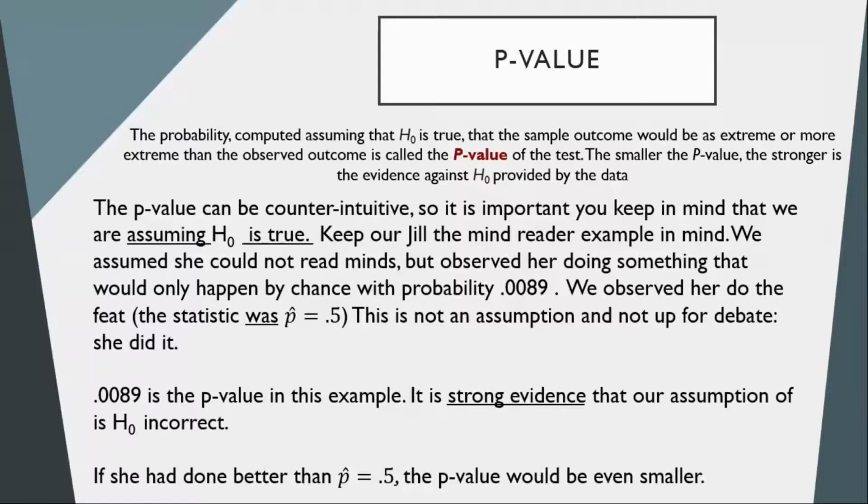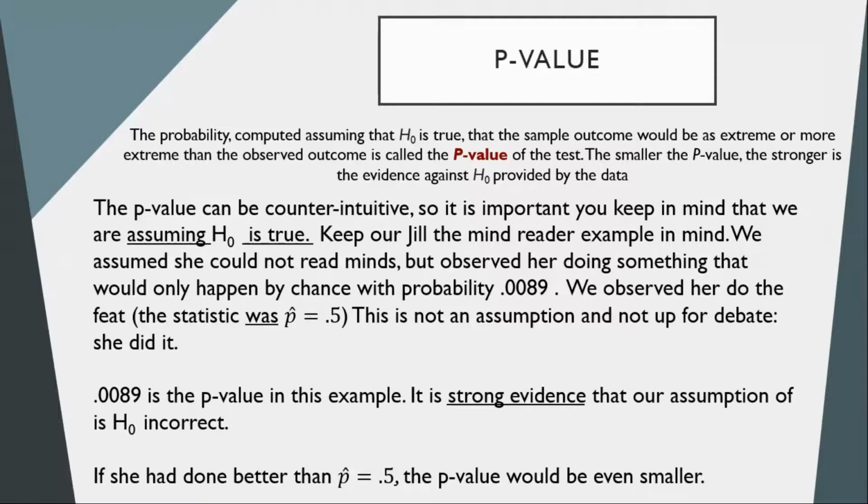This relies on the fact that what we witnessed, the statistic for the Jill mind reader example, that is that she guessed 50% correct, 5 out of 10 correct, that's not up for debate, right? That's not an assumption. We witnessed her do it in the experiment. So if something's got to give, it's going to have to be the assumption that she was just guessing.